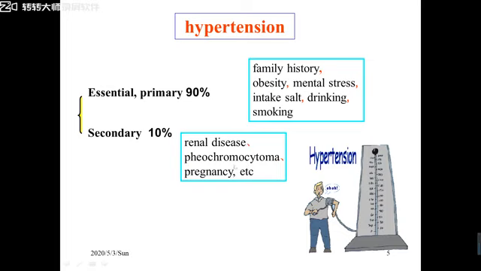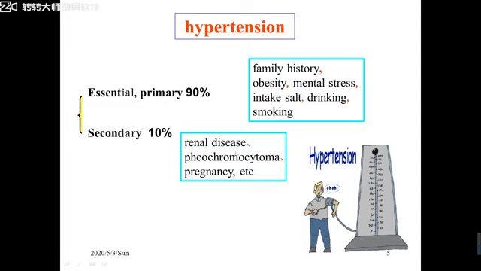In clinic, if you have these patients, you should give phentolamine to reduce the blood pressure. And if you give phentolamine to these patients, their blood pressure is reduced in 5 minutes. Then you can diagnose the patient as a pheochromocytoma patient.